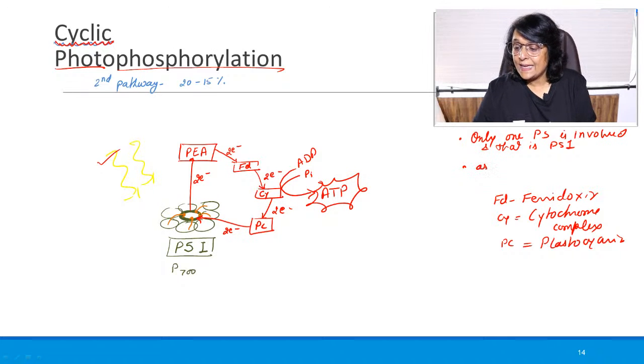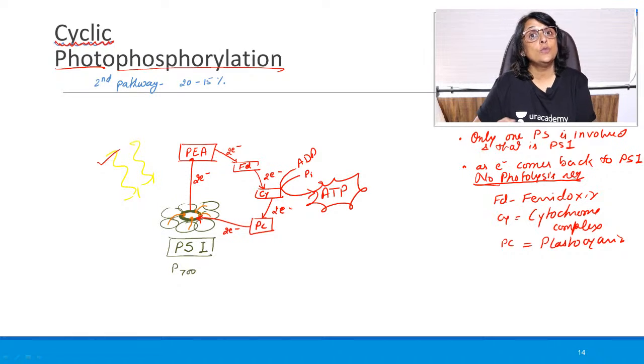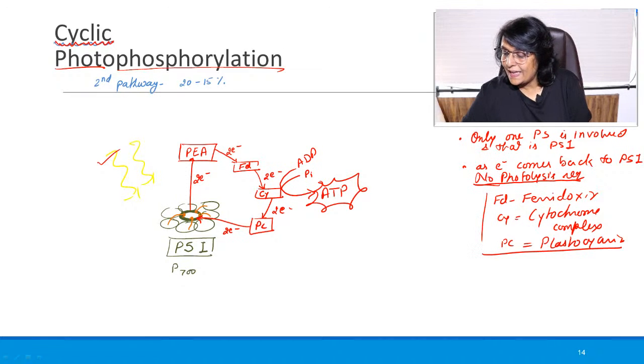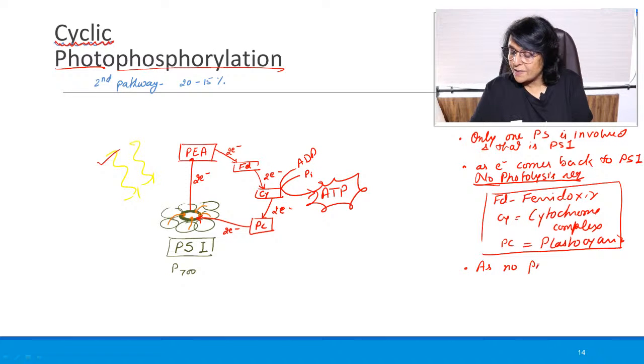Second, as the electron pair comes back to PS1, no photolysis is required. And if there is no photolysis, then will oxygen be given out as a byproduct? As no photolysis, no oxygen is given out.